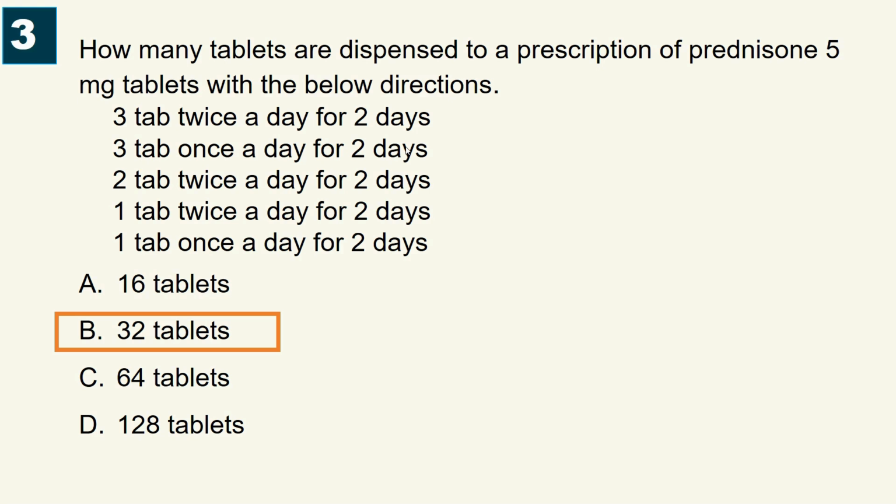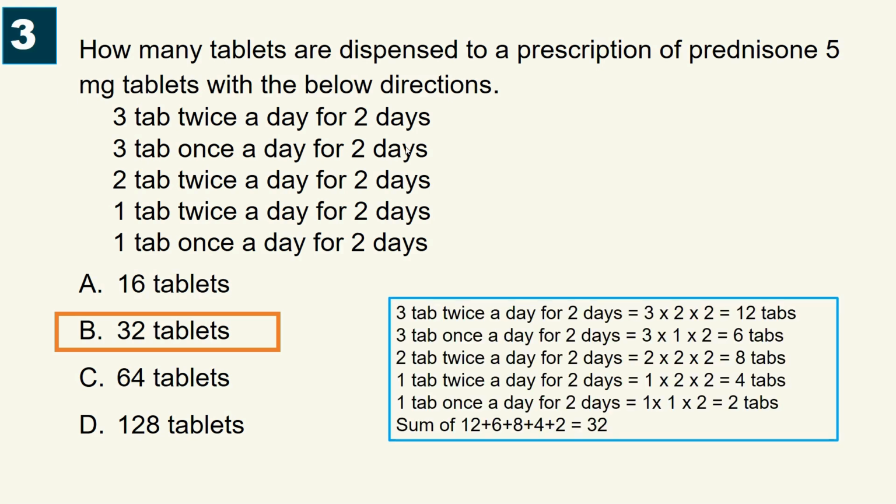The correct answer is 32 tablets. If you look at this, first, 3 tablets twice a day means the total for 2 days would be 12 tablets.